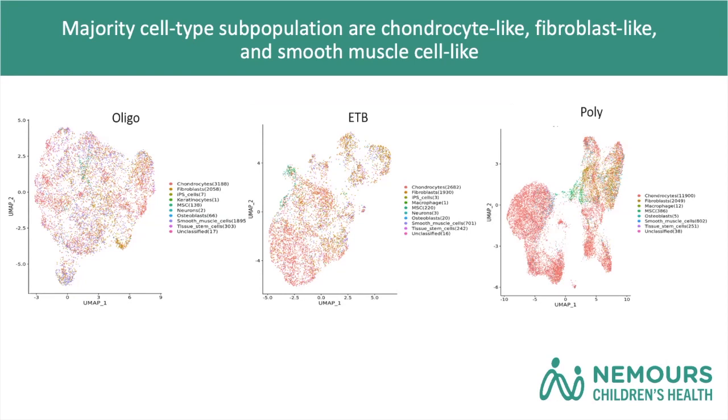While many cell-like subpopulations were identified, the 3 most populated cell type subpopulations across all 3 JIA subtypes were identified as chondrocyte-like, fibroblast-like, and smooth muscle cell-like cells. Next slide, please.